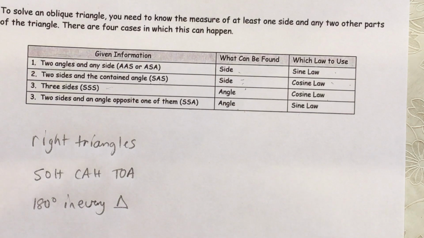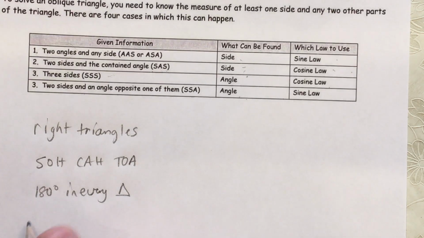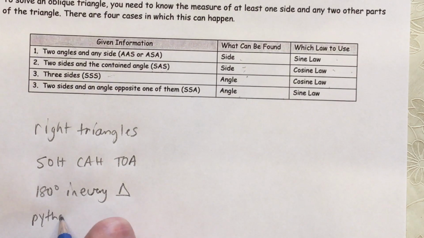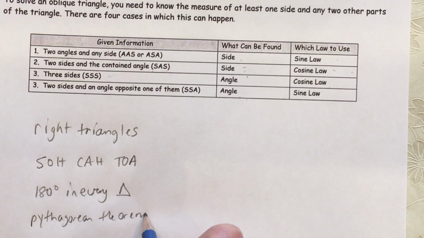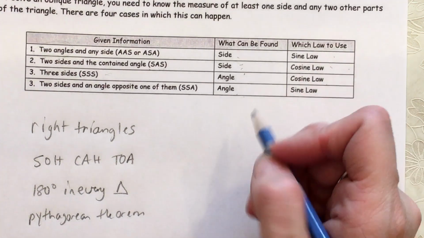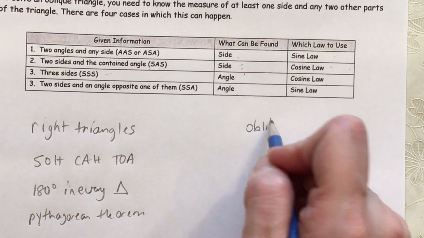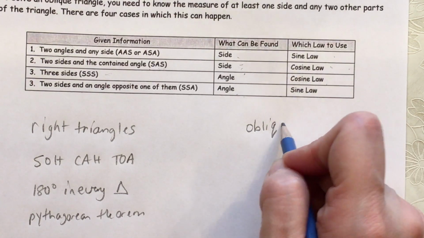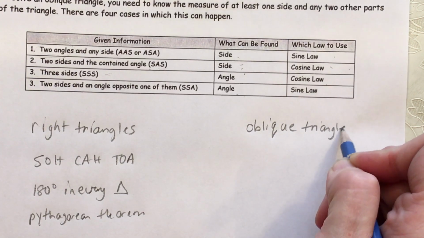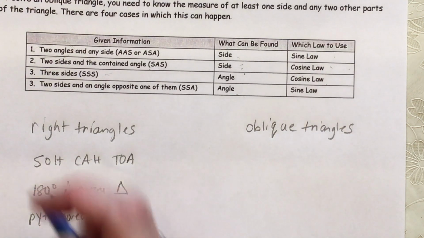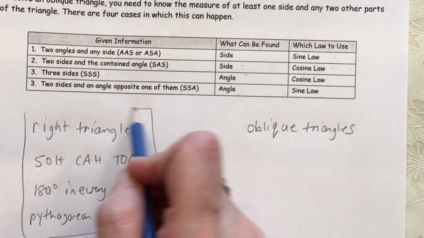And also with right triangles, the Pythagorean theorem works. And for oblique triangles, so non-right angle triangles, you definitely cannot use SOHCAHTOA or the Pythagorean theorem. So this is just right triangles over here.